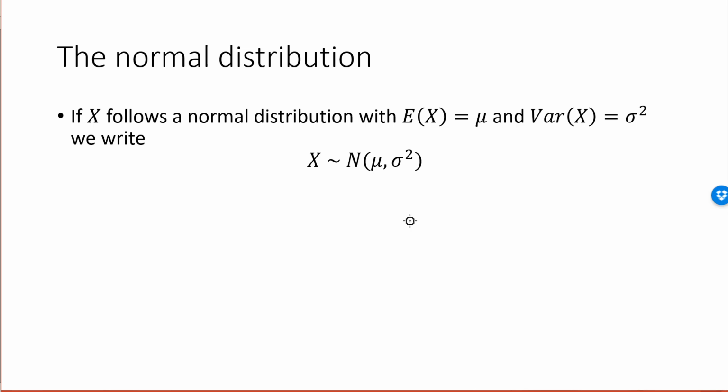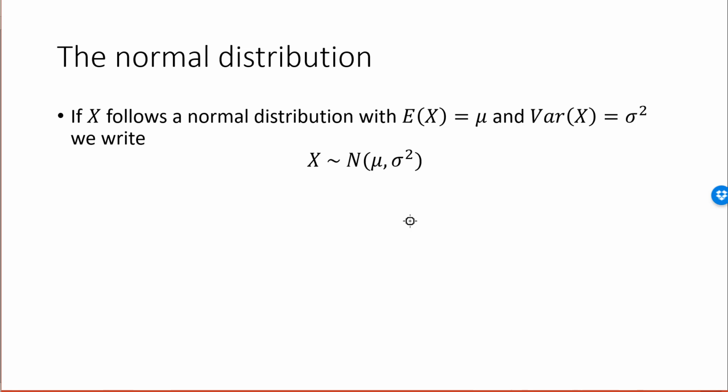The normal distribution has a property that's very unique, and that's the following. If you take a linear function of a normal distribution, that is, if you create a plus b times x, that new random variable will also follow a normal distribution.